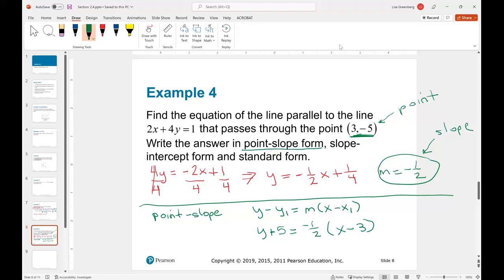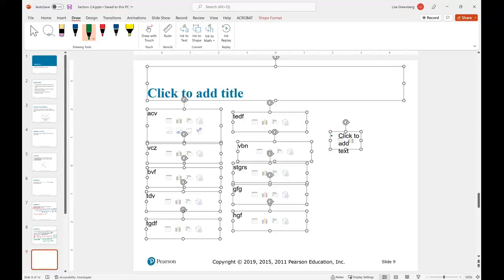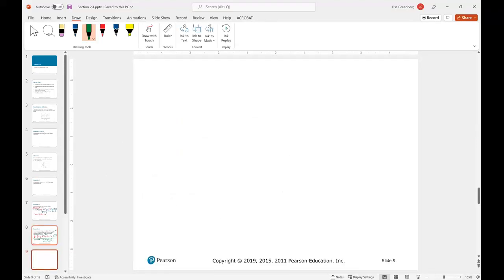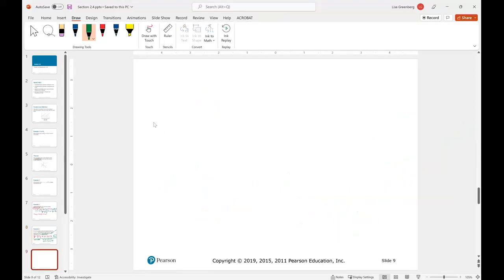Then, hold on, get a new page. So I'm going to just grab this piece and let's put it into our blank.